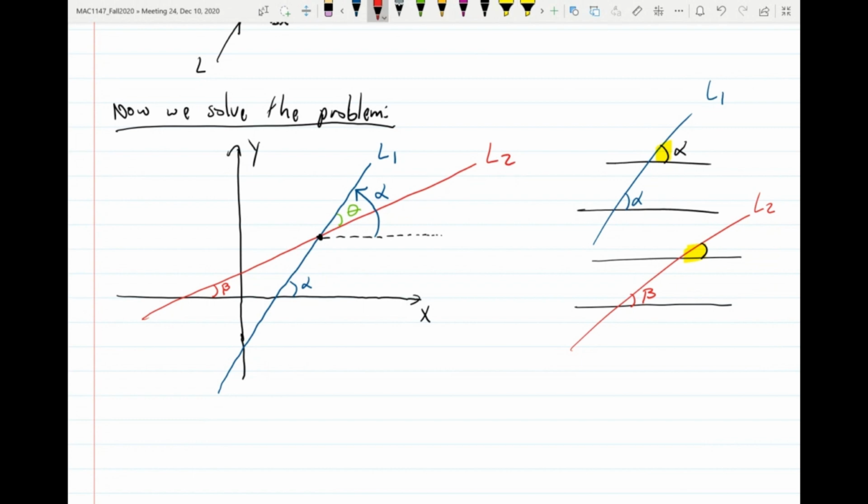On top is also beta, right? Same thing that we did before. This one is going to be beta because they are corresponding. So this little angle here is beta. Okay, perfect. Now with this picture, we can begin working. Any questions about the picture before I start writing stuff down?